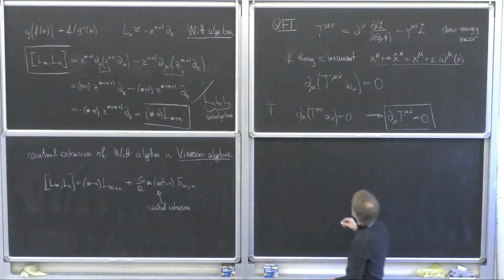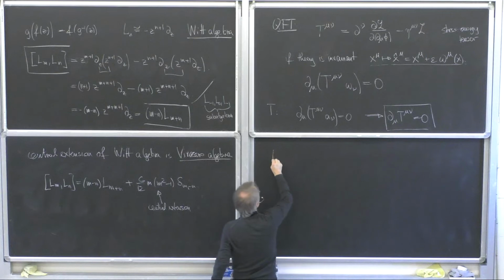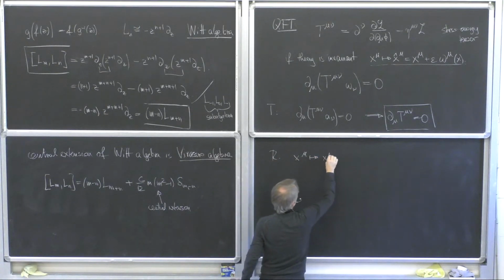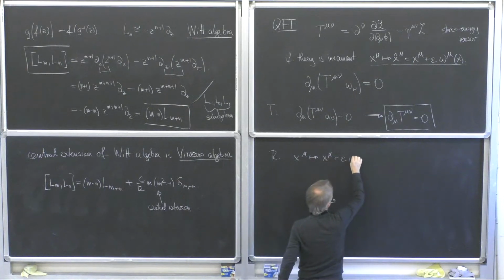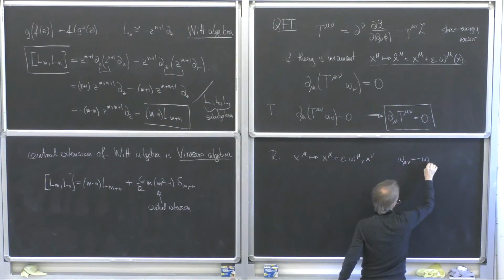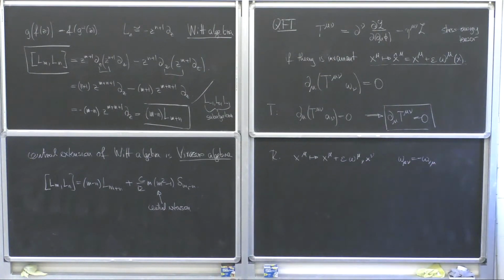For rotations, x^μ goes to x^μ plus ε ω^μ_ν x^ν, where ω^μν is antisymmetric. This is what infinitesimal rotations look like.